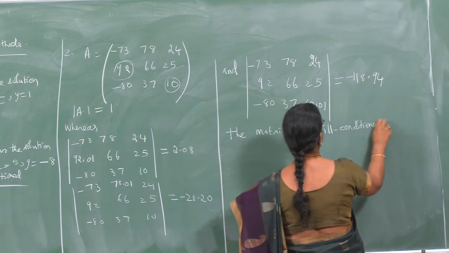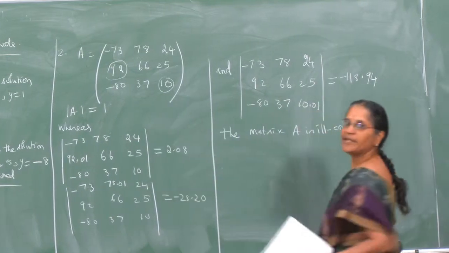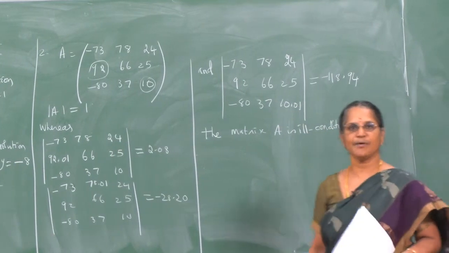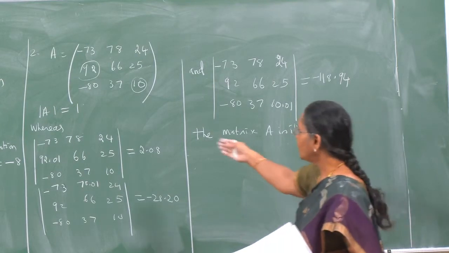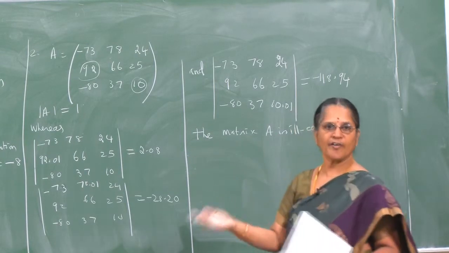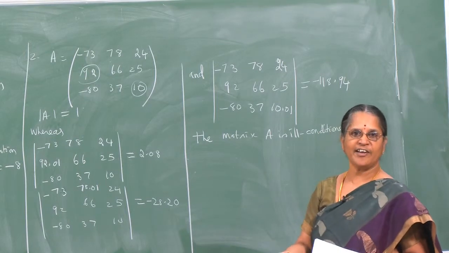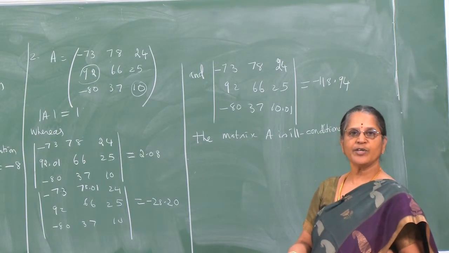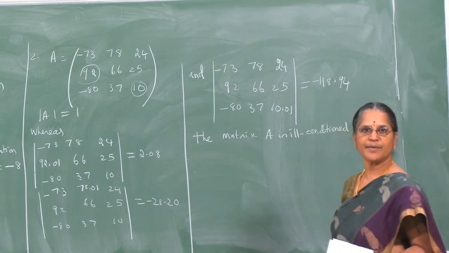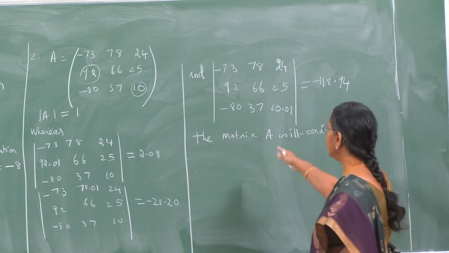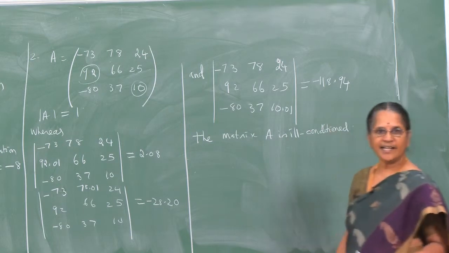And therefore, if this matrix had been the coefficient matrix of a system of equations Ax is equal to B, if small changes occur due to round off errors in any one of its entries, then it is going to give large deviations in the solution of that system. And therefore, the system is going to be an ill conditioned system.